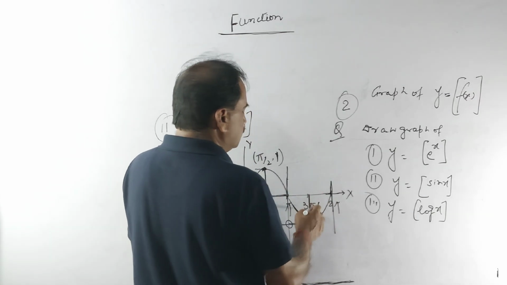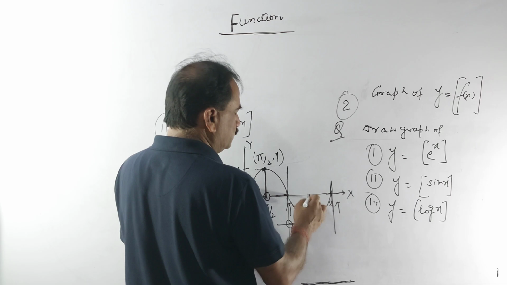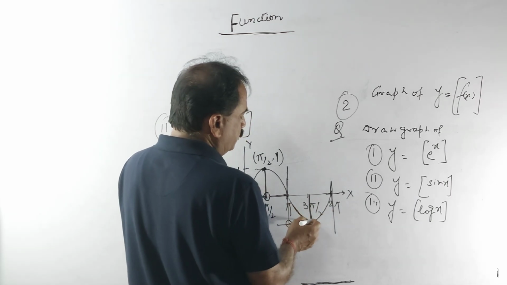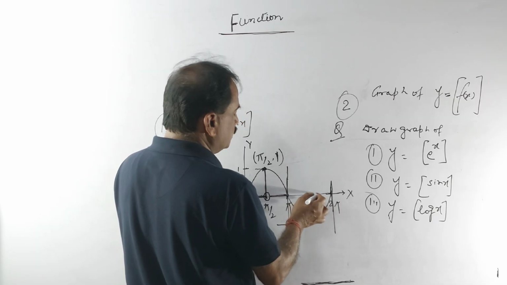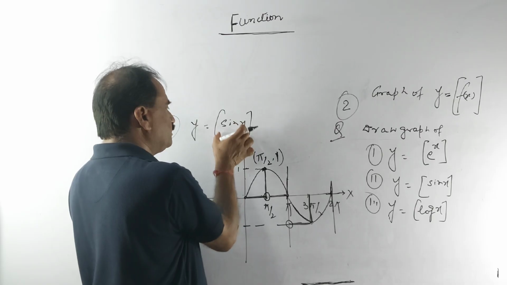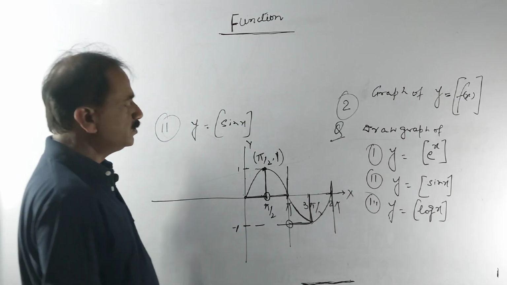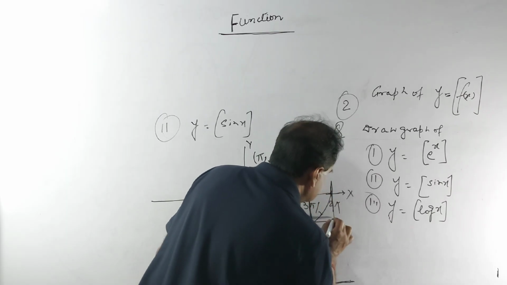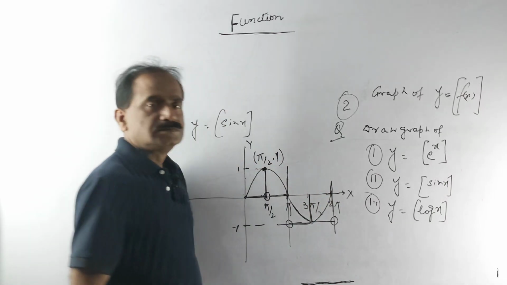Again, we see the value of sin x between these two vertical lines. The value of sin x lies between minus 1 to 0. So the integral part of a number between minus 1 to 0 must be equal to minus 1. So this is the graph. This is the graph at x equal to 2 pi. This point is excluded.